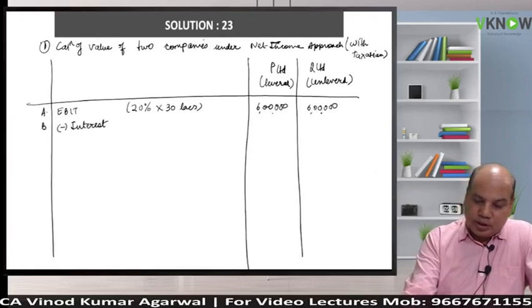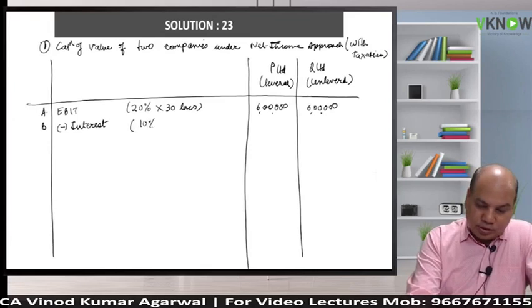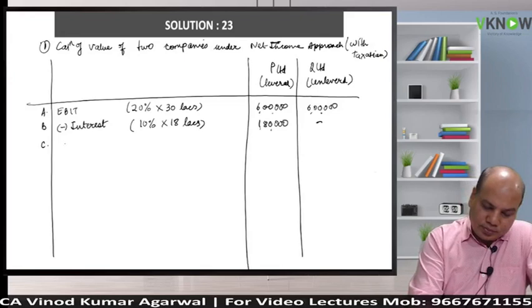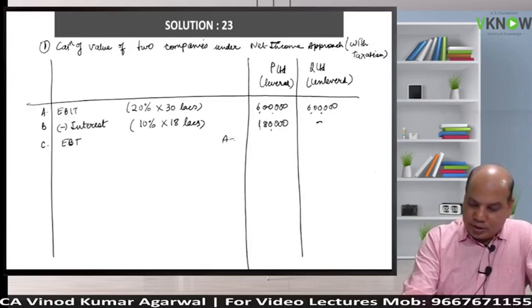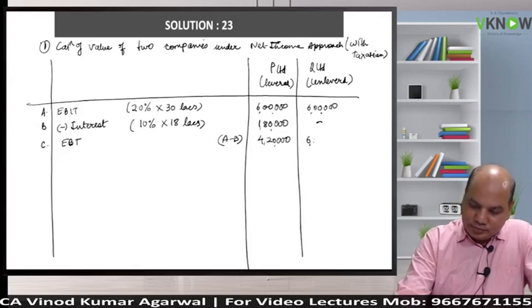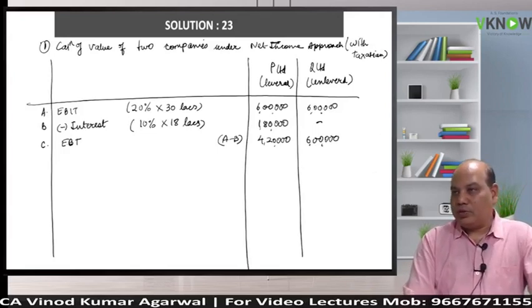Which firm will pay interest? P. How much? 10% of 18 lakhs is 1 lakh 80,000. Point C, EBT, A minus B: 4,20,000 and 6 lakh.